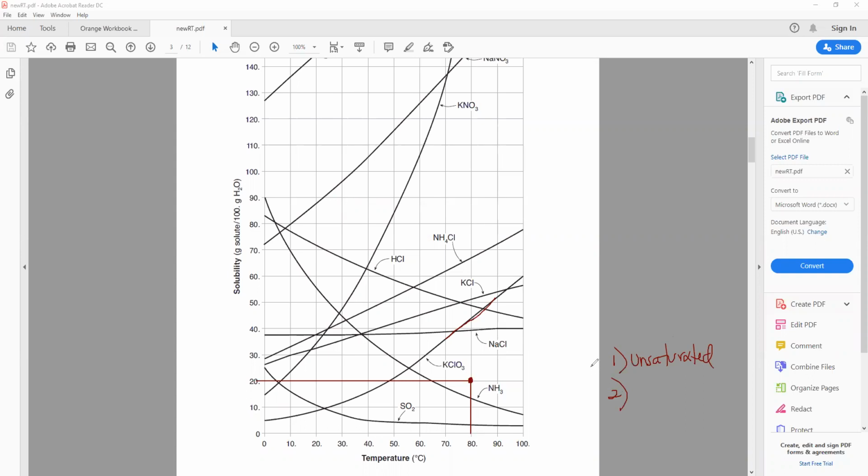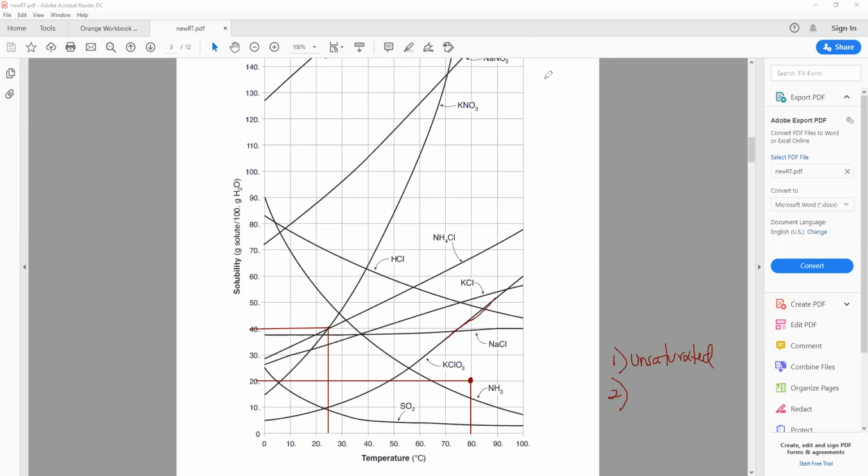40 grams at 25 degrees Celsius. 25 and 40, it's right over here. Here's my 40. And what graph am I looking for?